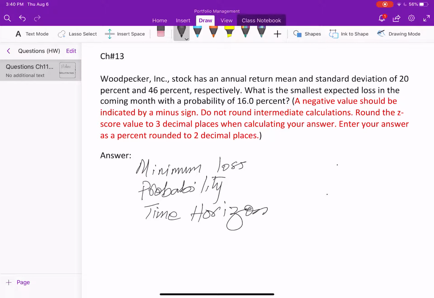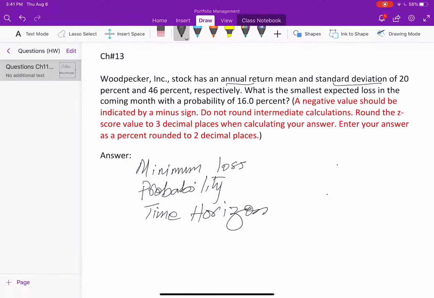Now, in order to apply this, we first need the average annual return, or the annual return mean of the investment or stock, and the standard deviation of the annual returns. This is already given here.